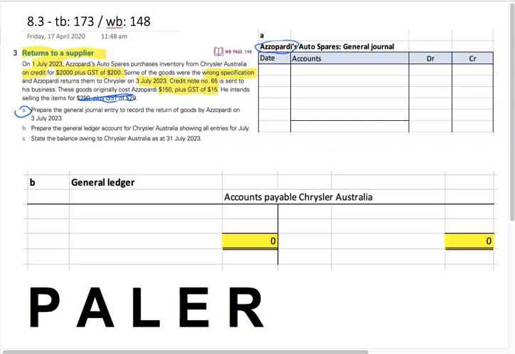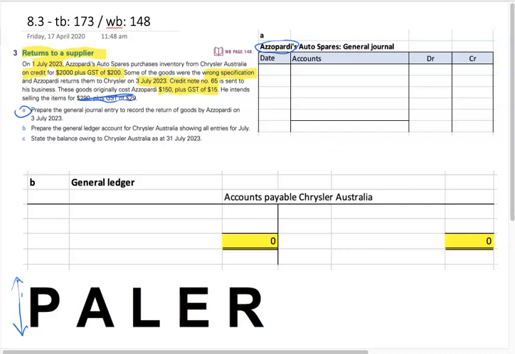We don't need our textbook open to understand debits and credits. All we need is PALER and an understanding of our increases and decreases. So if we have PALER, remembering A equals assets, L equals liabilities, E equals expense, R equals revenue, P equals proprietorship, which is capital.